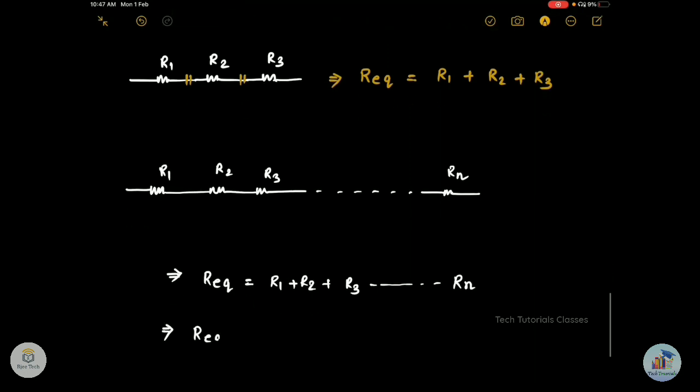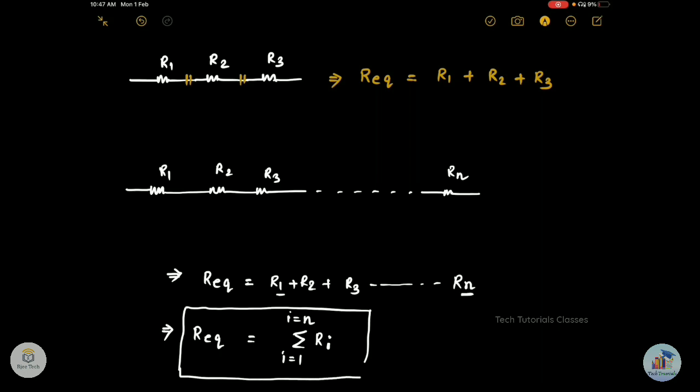In fancy terms, you can write this as the summation of Ri, where i goes from 1, the starting point, since the first element is i equal to 1, to n, the ending point, the last resistor. So this will be the generalized equivalent resistance for series connection.